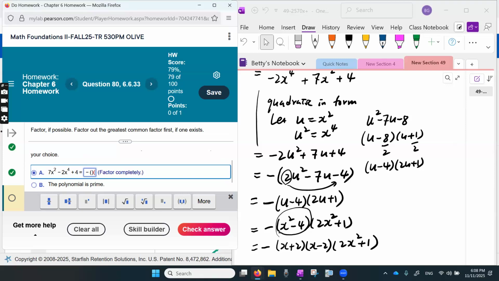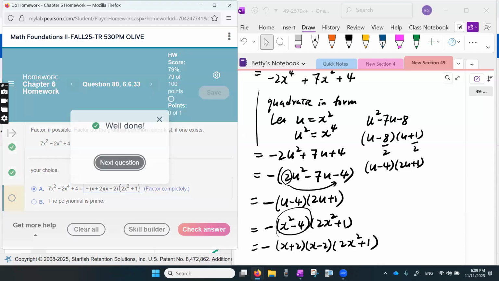So we're going to have 3 parentheses: x plus 2, x minus 2, and 2x squared plus 1. All right? This is a challenging problem. If you don't like it, you can just ignore it. It's just one problem.